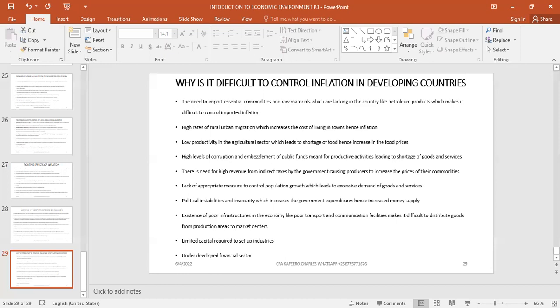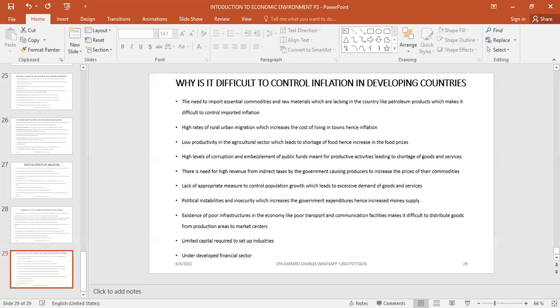Then there is also a need by the government to have more levy. If the government wants to increase its levy, what they do is they increase the taxes. When they increase the taxes, then it means the cost of production and the selling price are going to be high. When that happens, then we expect inflation to set in.